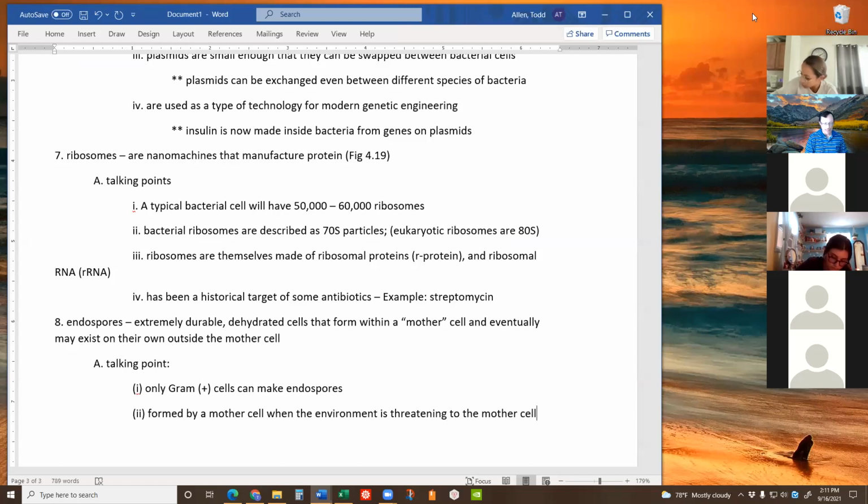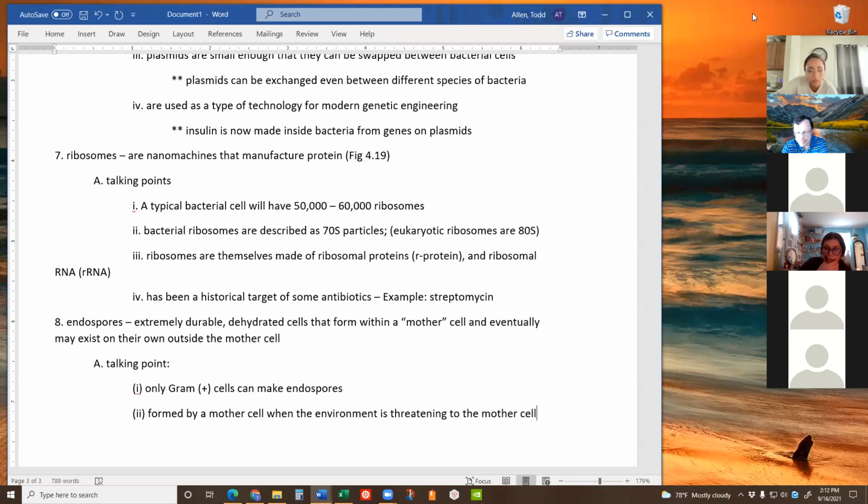So that would mean that if the environment lacks the necessary water for the mother cell to live, the mother cell would try to form the endospore so that when the mother cell dies, the species of cell can still continue on through the endospore.